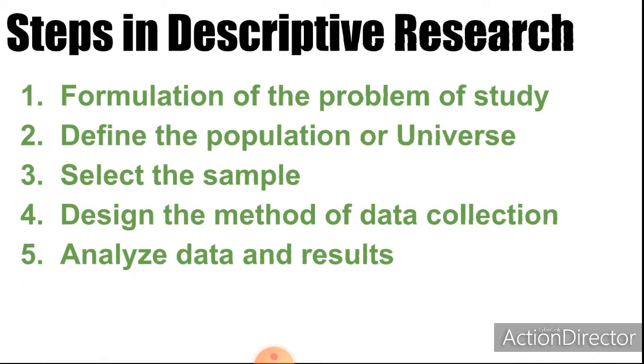So, these are the steps in descriptive research design. I repeat the steps once more: formulation of the problem of study, define the population or universe, select the sample, design the method of data collection, analyze data and result.